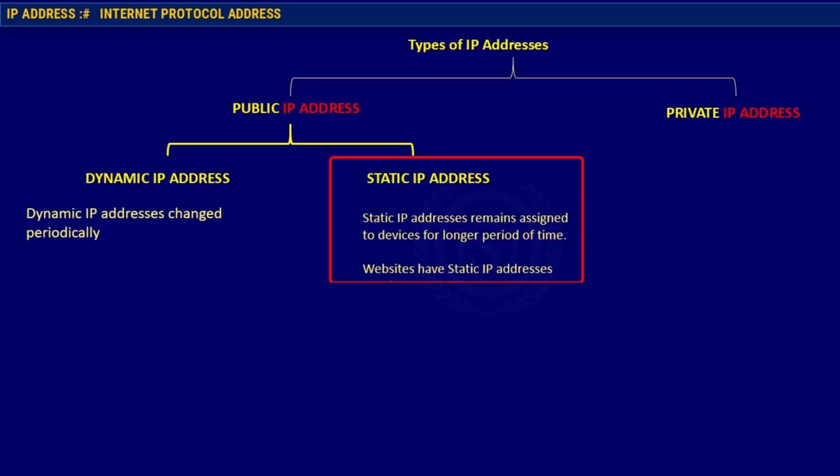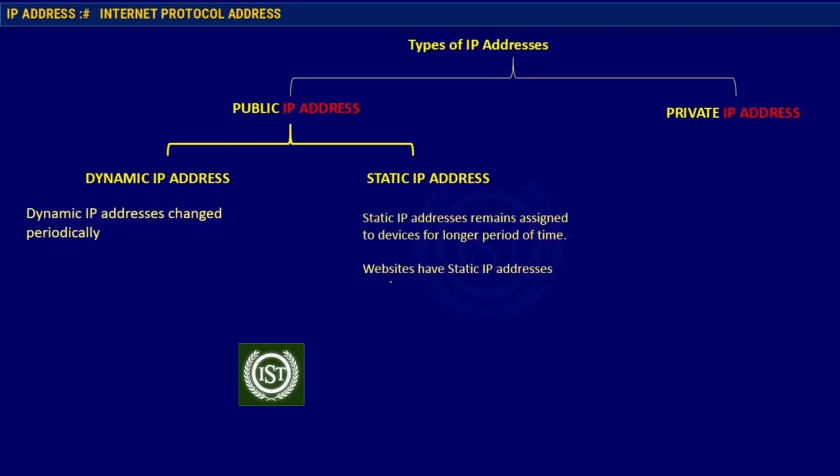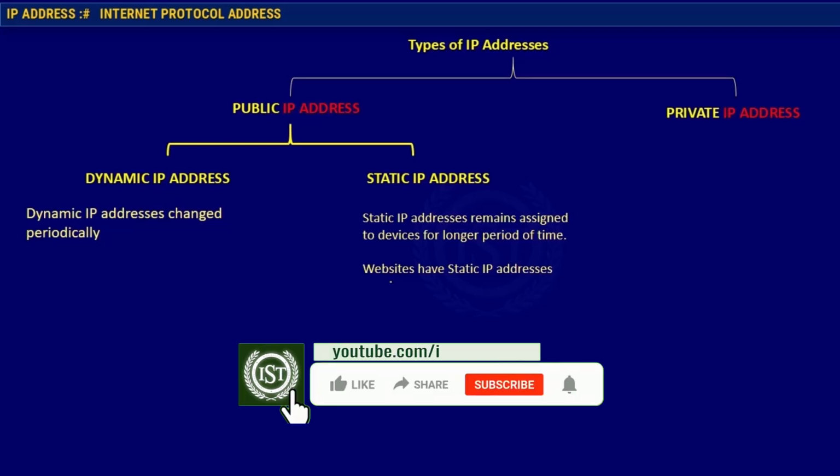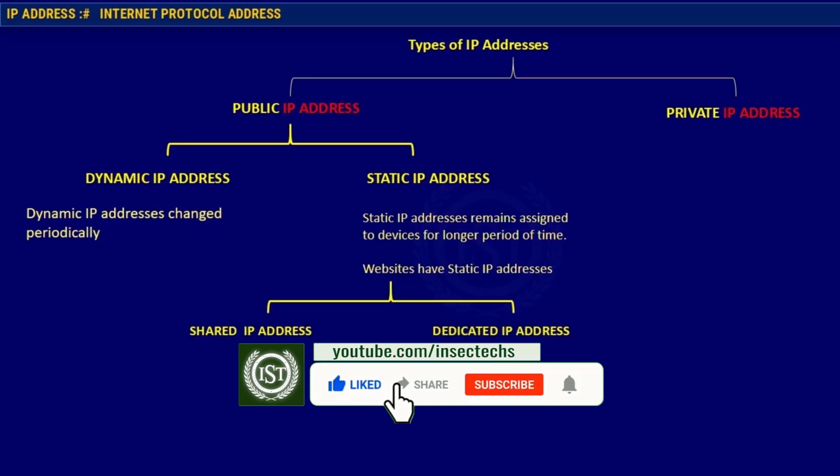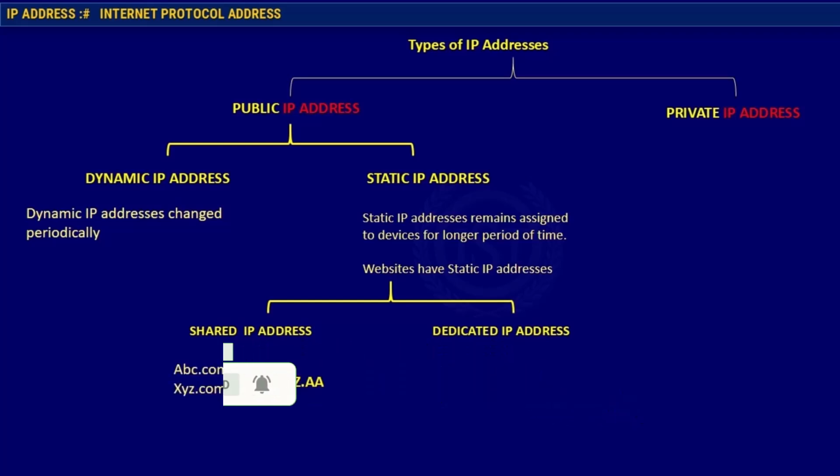Most servers have static IP addresses, like your web server or email server, and websites have static IP addresses. And again, static IP addresses are of two types, shared IP address and dedicated IP address. A shared IP address is, for example, when you have abc.com and xyz.com websites, both can have the same IP address, xx.yy.zz.a.